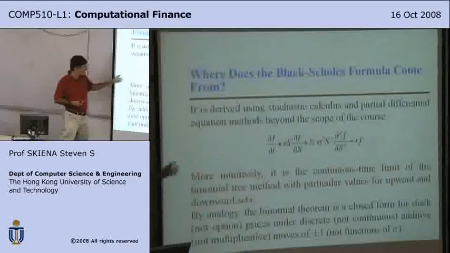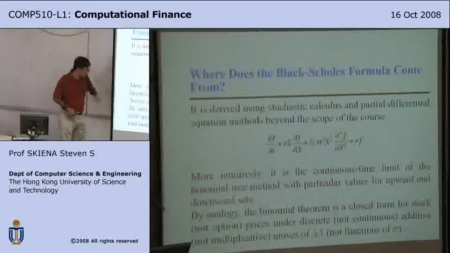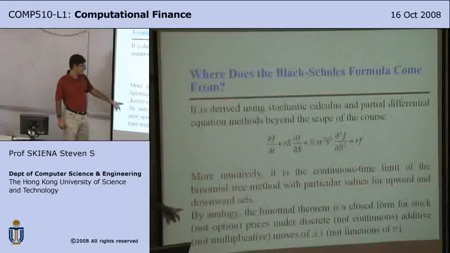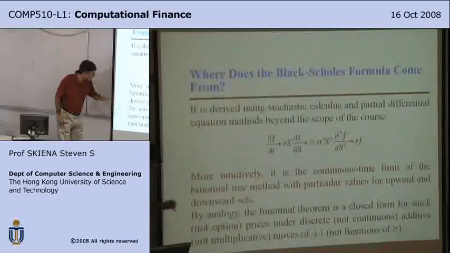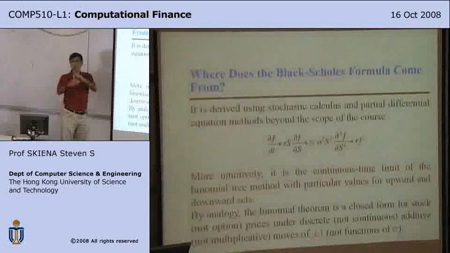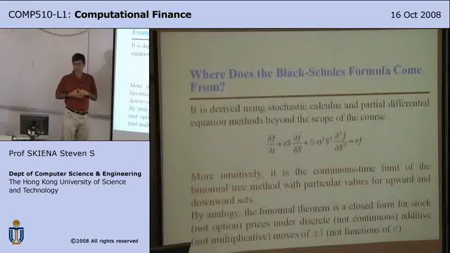The analogy that I want to make, okay, when we think about these things, is that the binomial theorem, okay, we talked at one point here about the binomial theorem. What is the binomial theorem? Okay, or the binomial distribution, something like this.